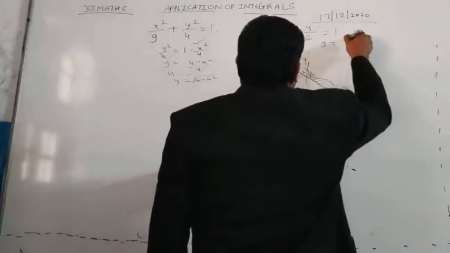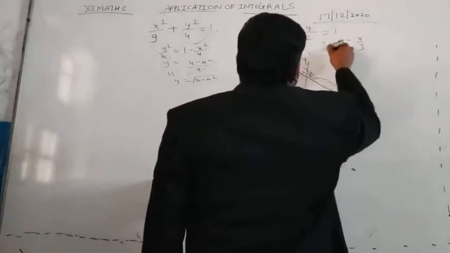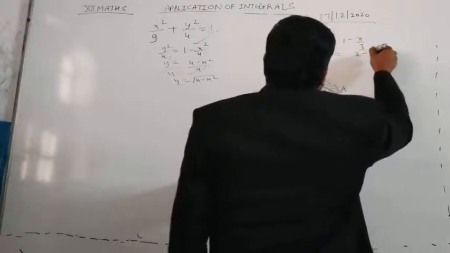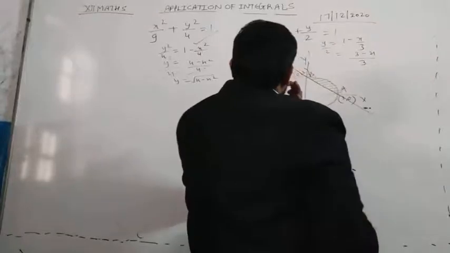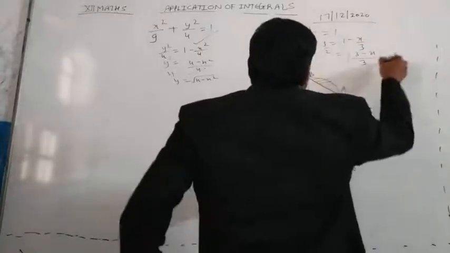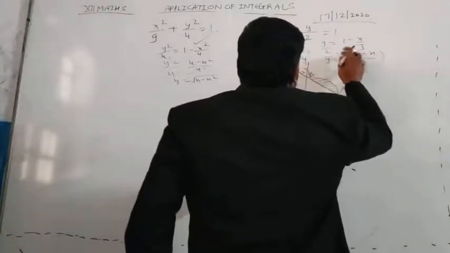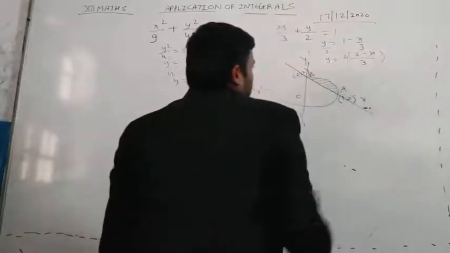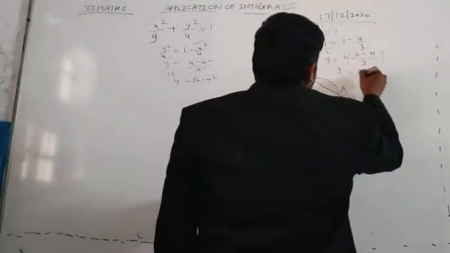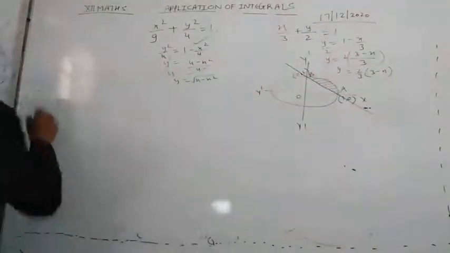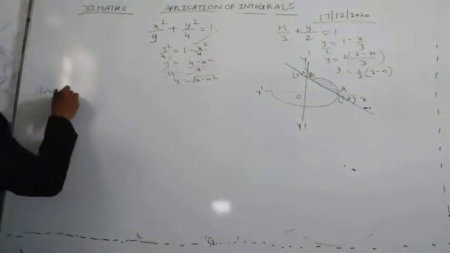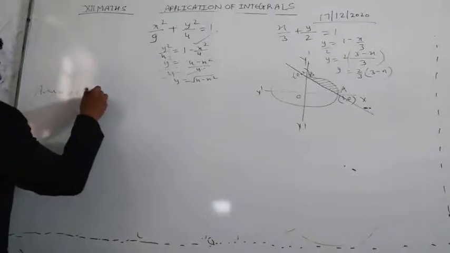And from here also we can write y = 1 − x/3, so y = (3 − x)/3, and this is 2. So y is equal to (2/3)(3 − x). Okay. Now we will write the area of the bounded region.